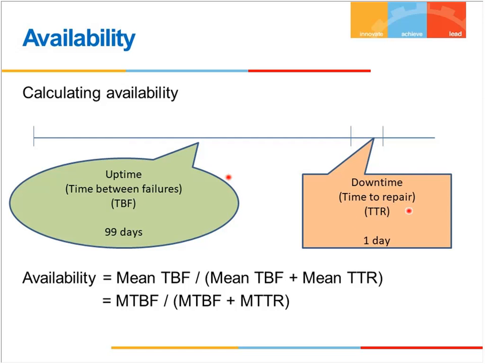So the total time is the average time it runs without failing and the average time it takes to repair. And the availability is the mean time between failures divided by the total time. That is the availability of the system. Right. So that is called the availability.